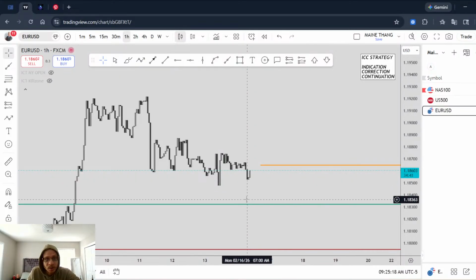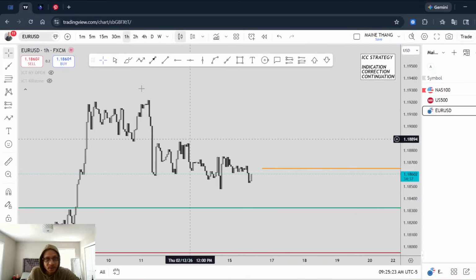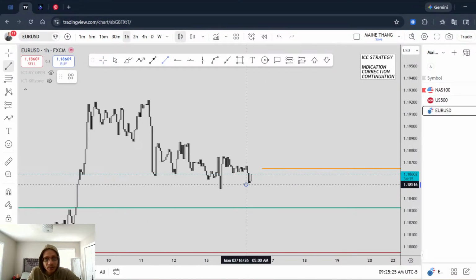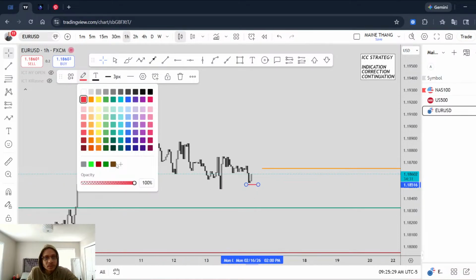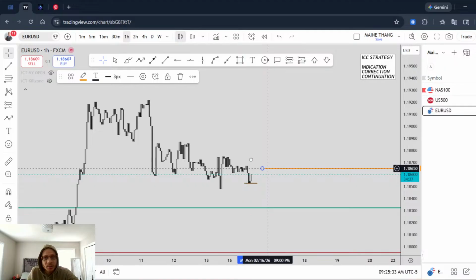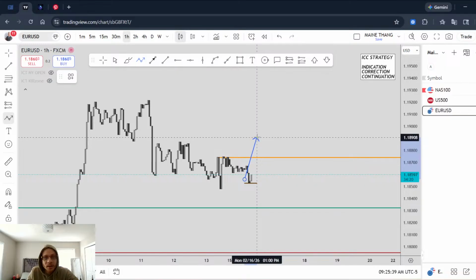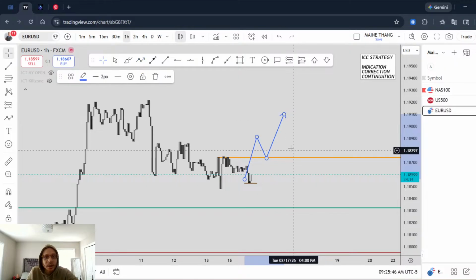So what we want to see is, say this could be the start of a higher low on the 1 hour, and we want to see a break of structure. I want to see this break here. So now we got an indication on the 1 hour. Now we start looking for potential buys when that happens.